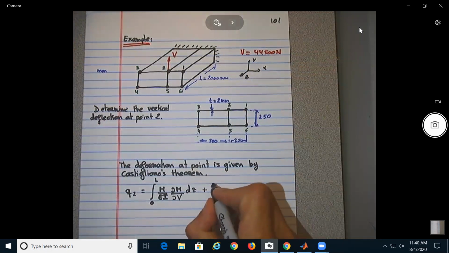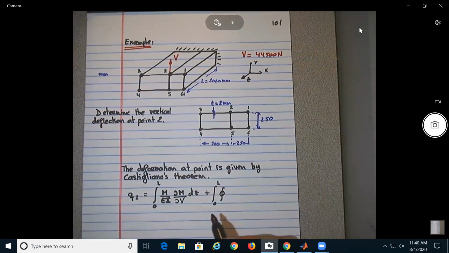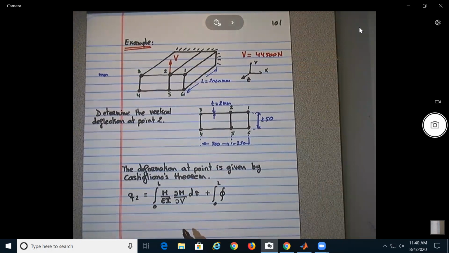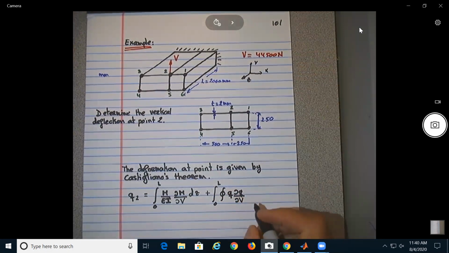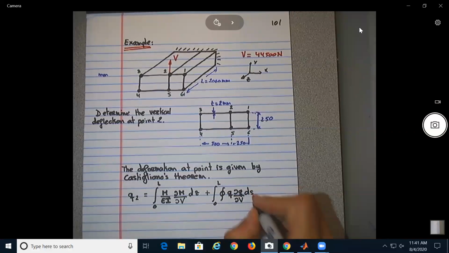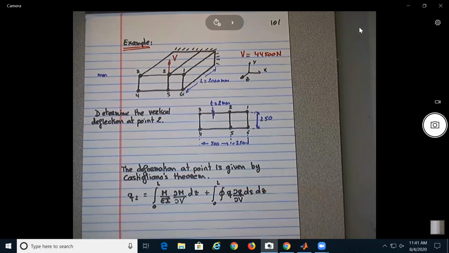So we had one that was 0 to L, the length, and then one that we needed to do around the cross section. And I think that one is equal to Q, partial V. So this will be across the cross section, and then dz.